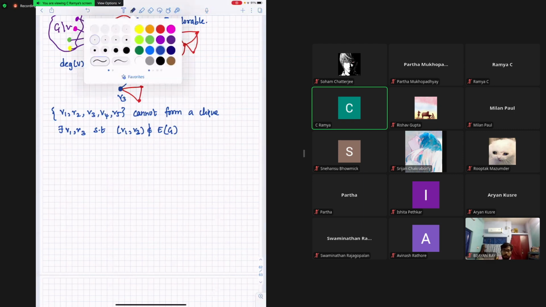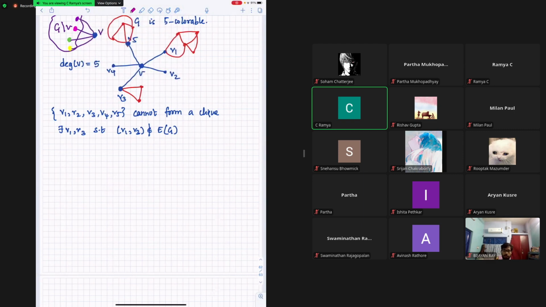That's the only information we have. So now, if I contract this edge, what do I mean by that? I sort of compress this line into just one point here. So what do we mean by contract?